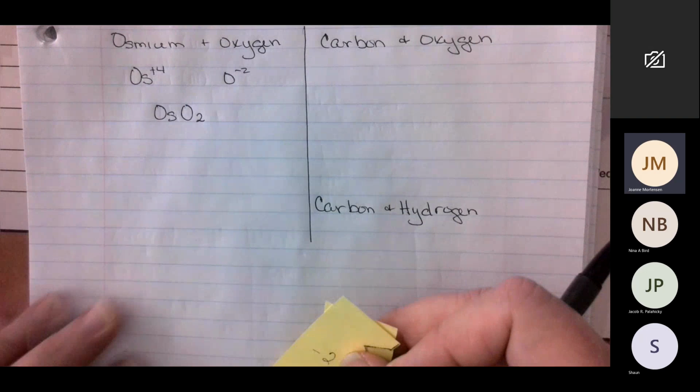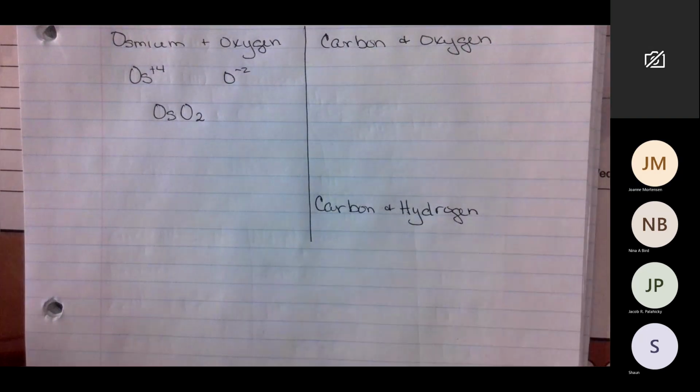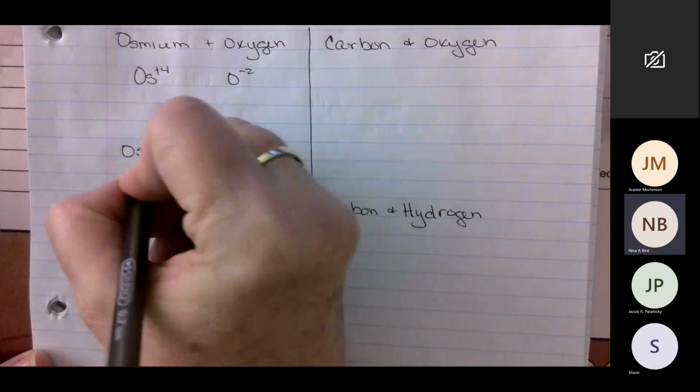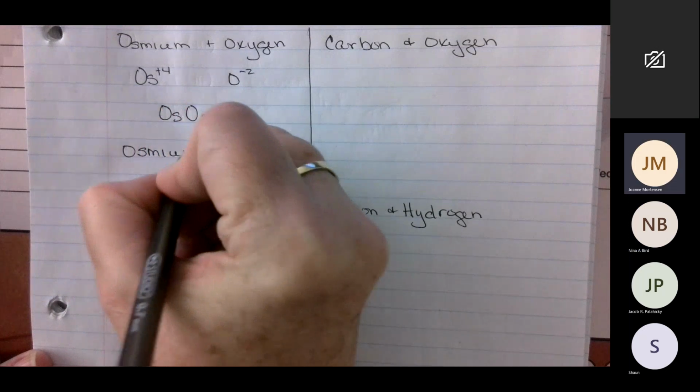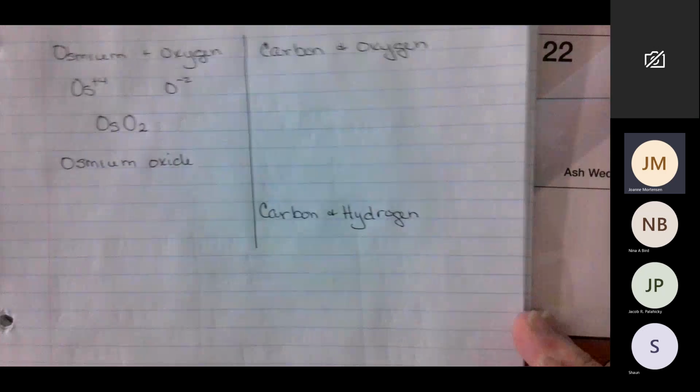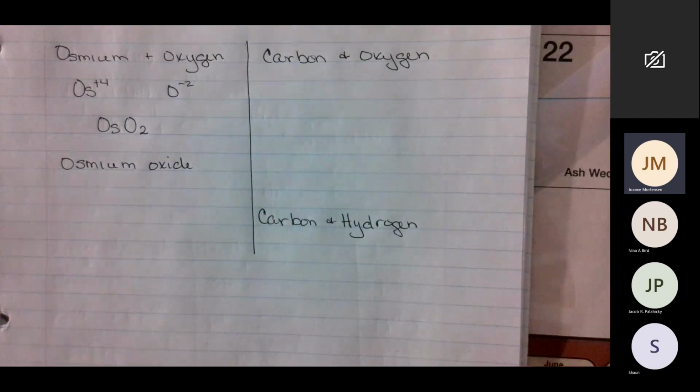Okay. I'm not going to rebuild it. You know what it's like. Osmium. Anybody? Osmium oxide. Nice. You guys are spectacular. Now, what is wrong with carbon? Carbon has no charge.